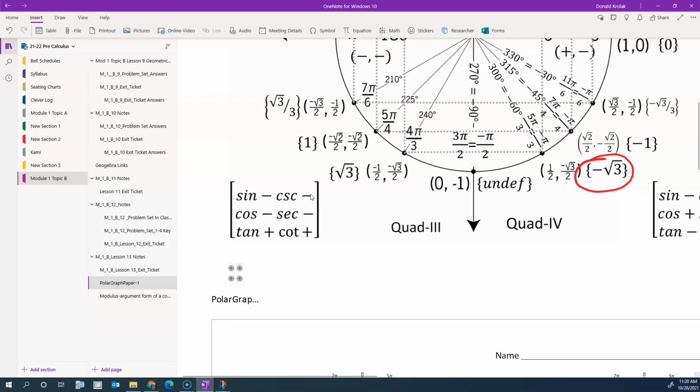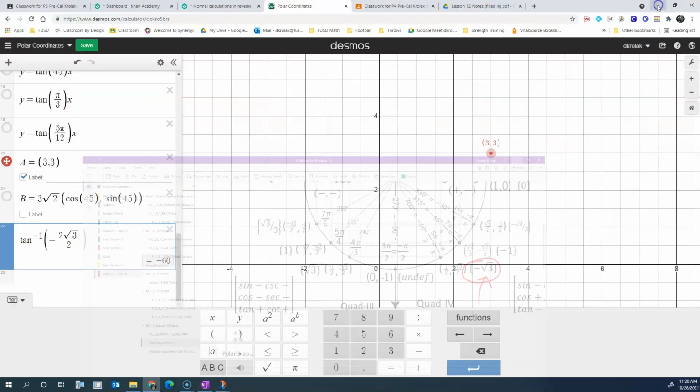The tangent is -√3 right here, and that point is -60 degrees. So you could have just looked up where the tangent is -√3, and that's my angle. Okay, so lots of ways you could come up with that.